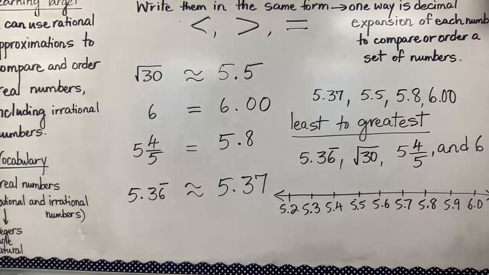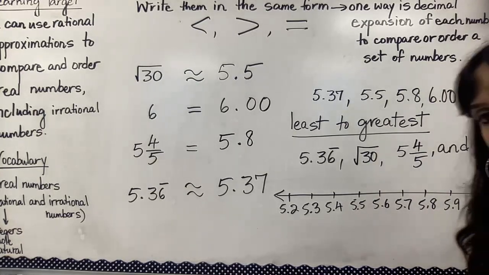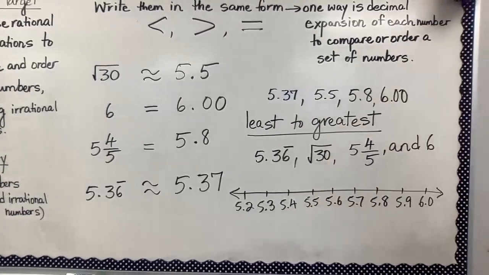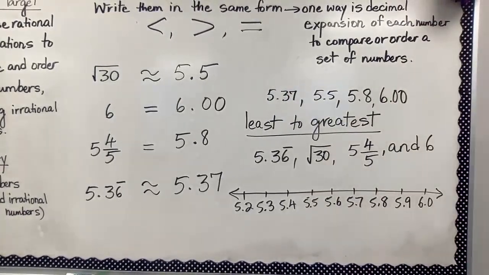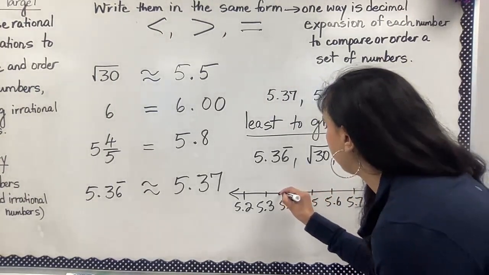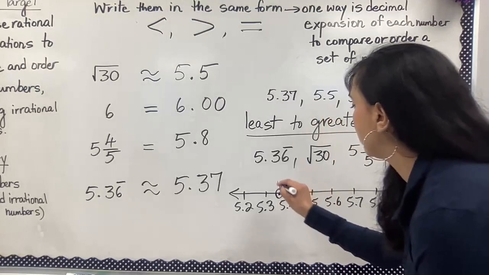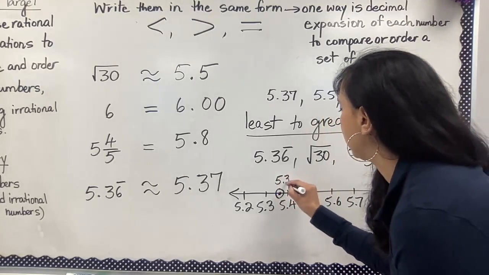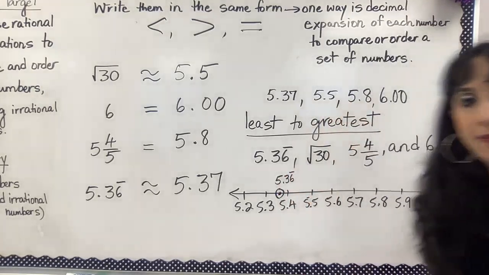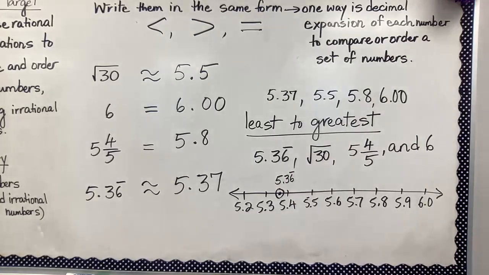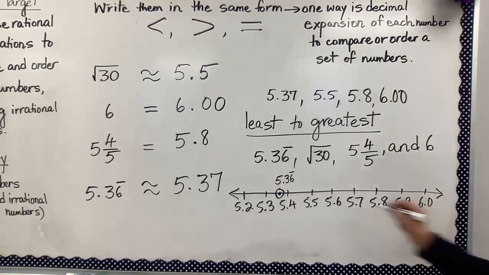Then I am going to plug in these values. 5 and 36/100 with the 6 repeating is here. The square root of 30 is over here.